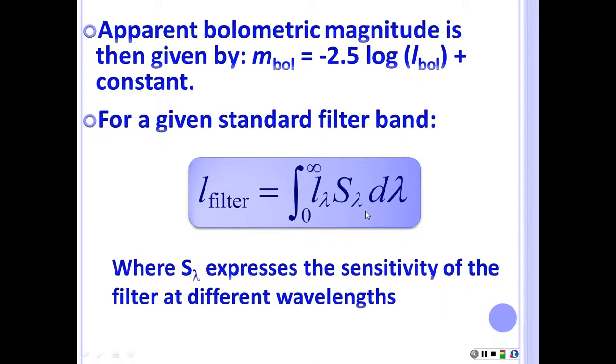And in some cases it also has folded into it the sensitivity of your detector, because with our eyes, we don't need to put a filter in front of them, but they still don't receive light equally at all wavelengths. So it's a mixture of what light we are letting in and how sensitive we are to that light.